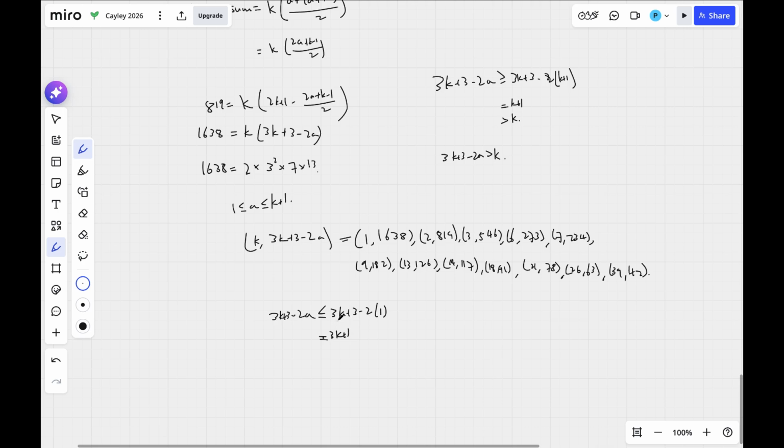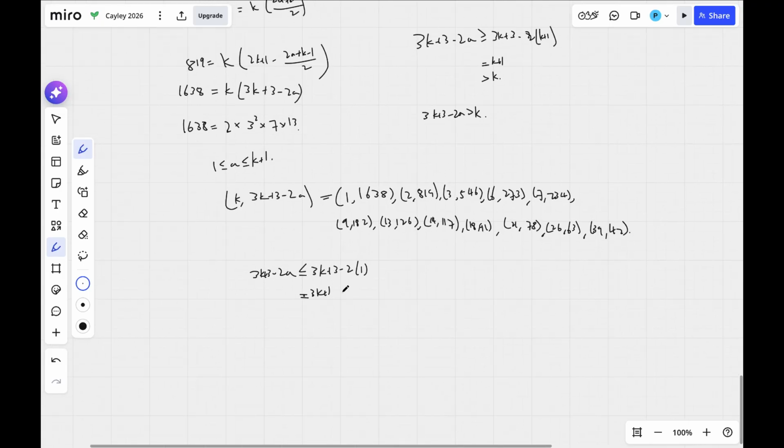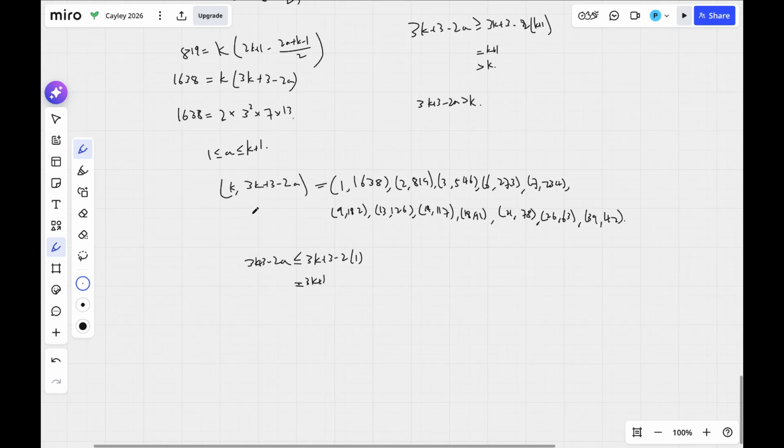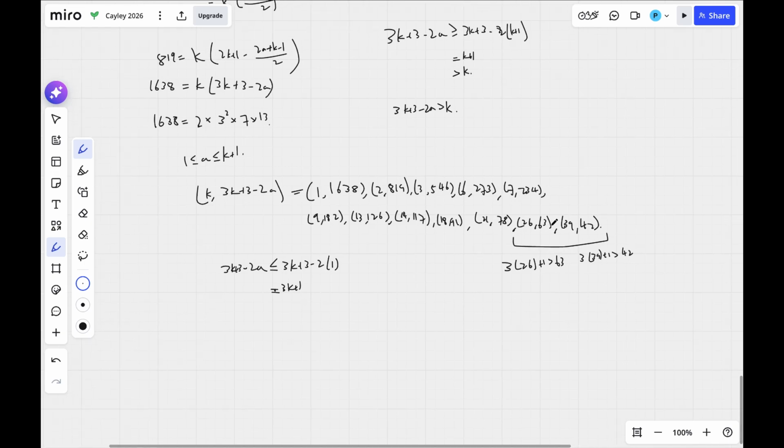By bounding this, we have 3k plus 3 minus 2A is at most 3k plus 3 minus 2 times 1, which is equal to 3k plus 1. So now if we plug in k, we know that 3 times k plus 1 should be greater than or equal to the other number.